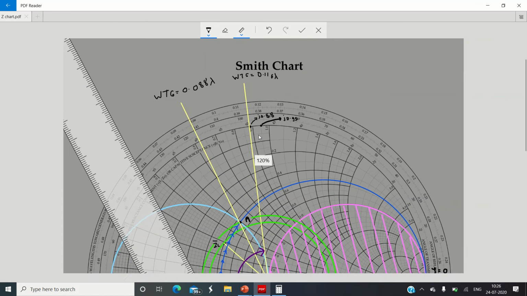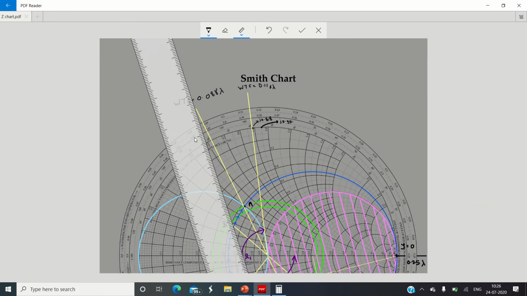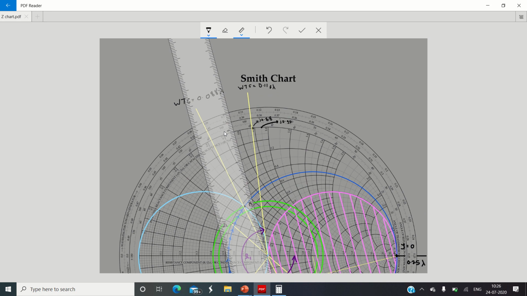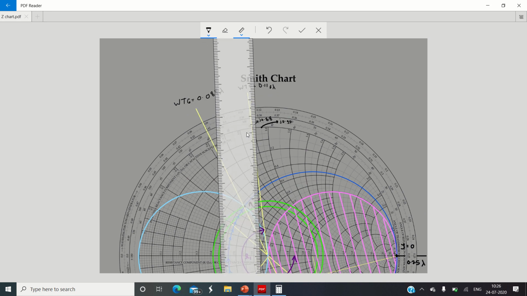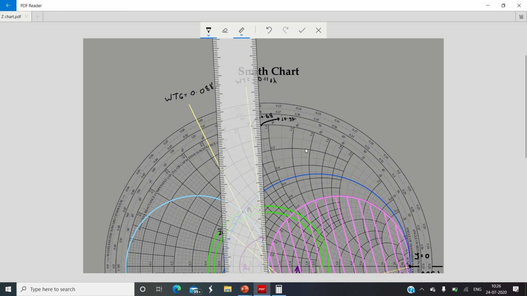So take the scale again, orient the scale, and join this with the center of the Smith chart this way. Take the yellow color again from the center of the Smith chart, that means from here.